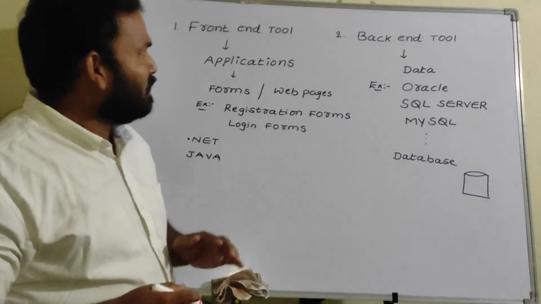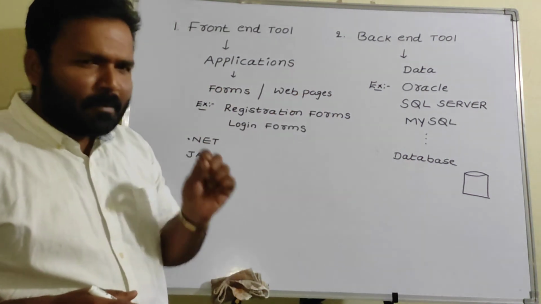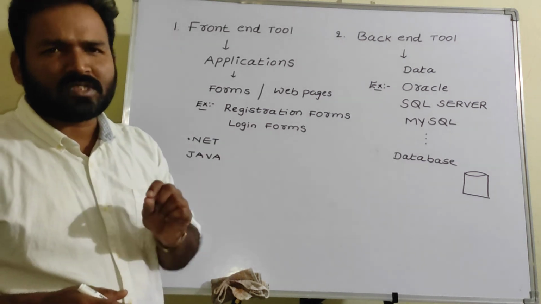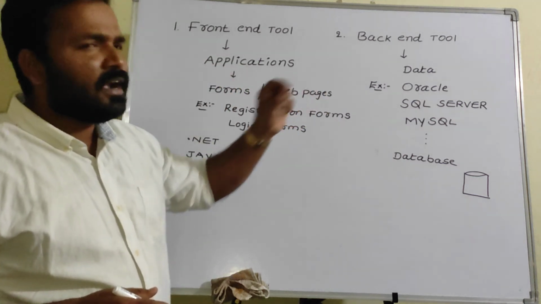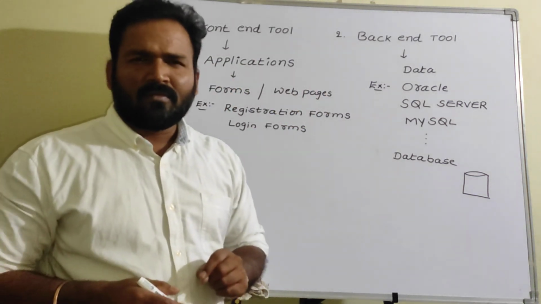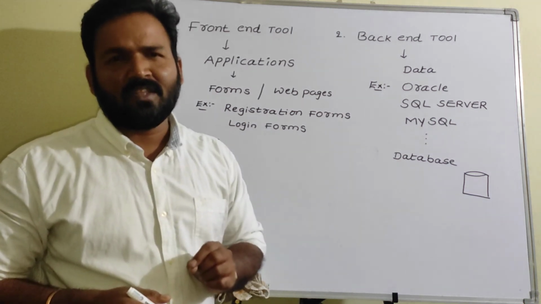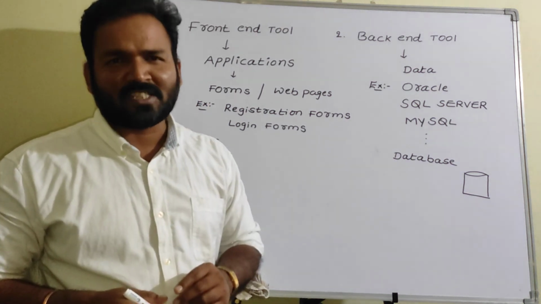Is it clear? So front-end tool and back-end tool. Any application or any project will contain two tools or two softwares, front-end tool and back-end tool. To develop applications, there are two important components.